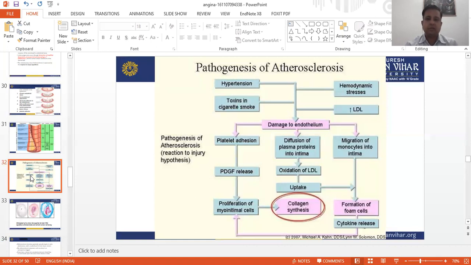In addition, diffusion of plasma proteins to the intima occurs, followed by oxidation of low density lipoprotein, which leads to migration of monocytes into the intima, formation of foam cells, causing a cytokine release. So this is the process of pathogenesis of atherosclerosis.